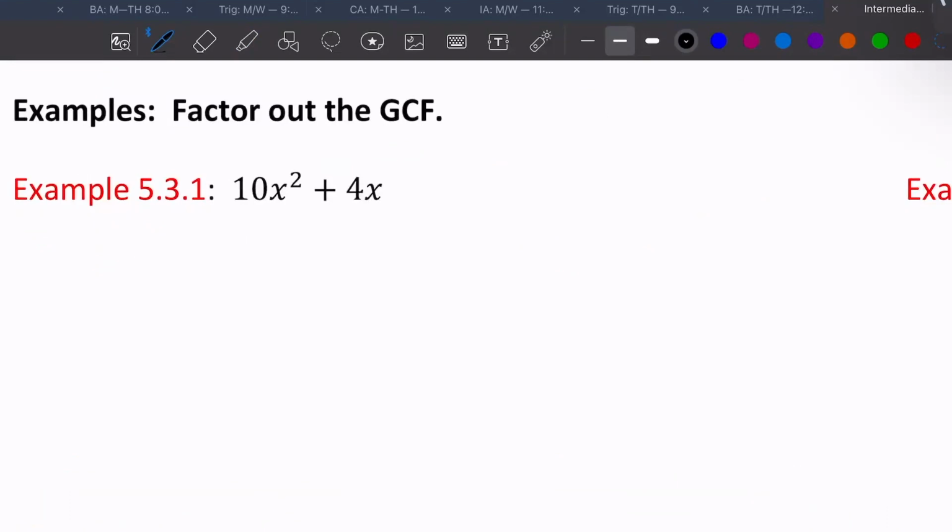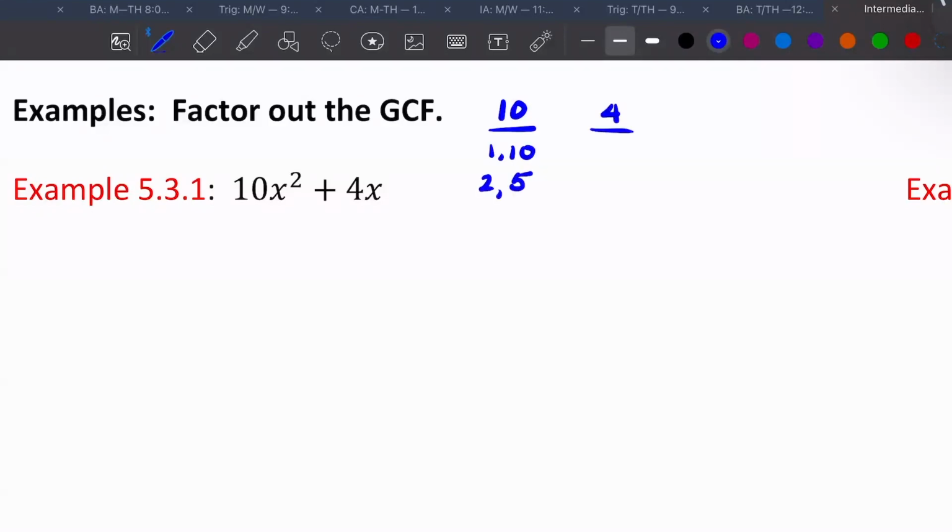All right, so that first one says 10x squared plus 4x, okay? So looking at the coefficients, looking at the numbers, what can we take out, right? What's the largest number that divides evenly into both numbers? Well, factors of 10 are 1 and 10, 2 and 5.